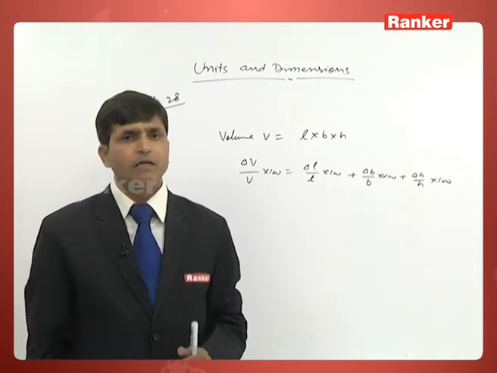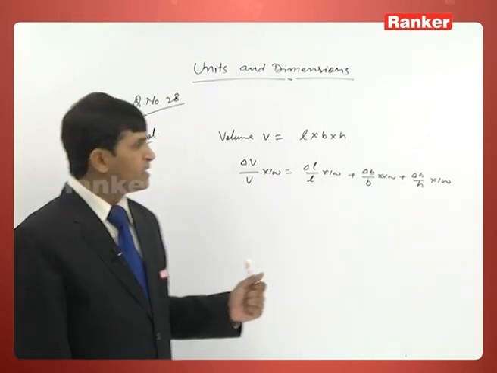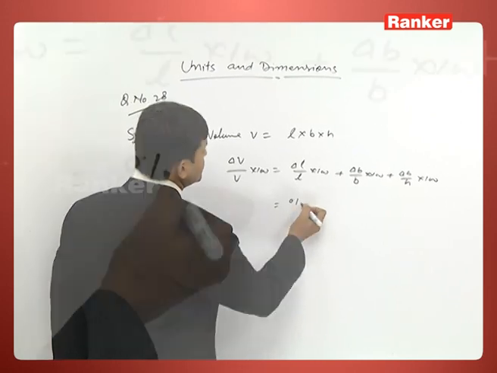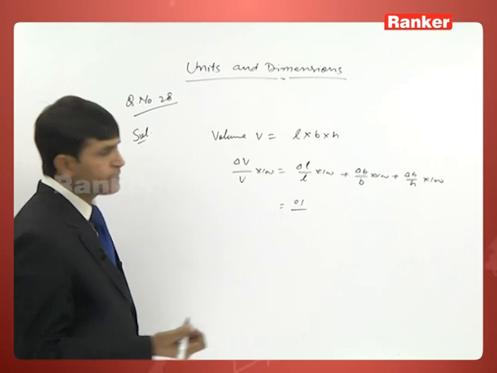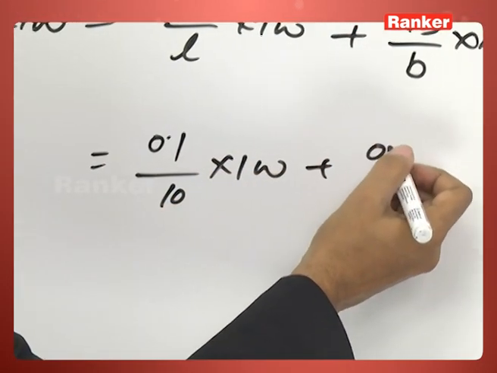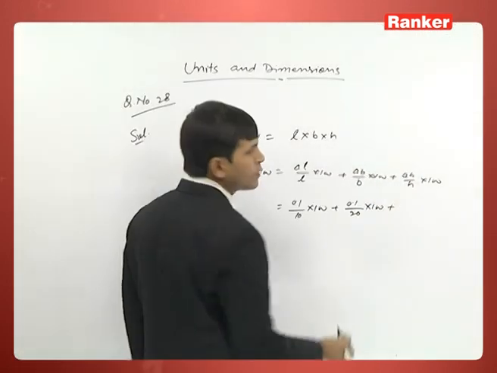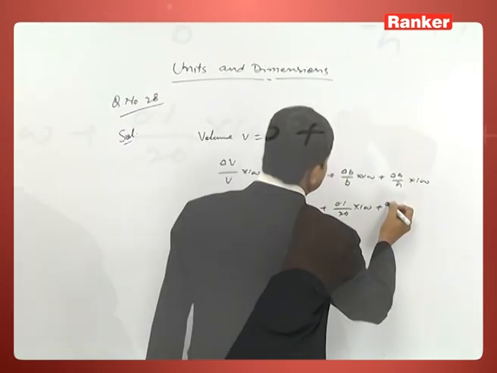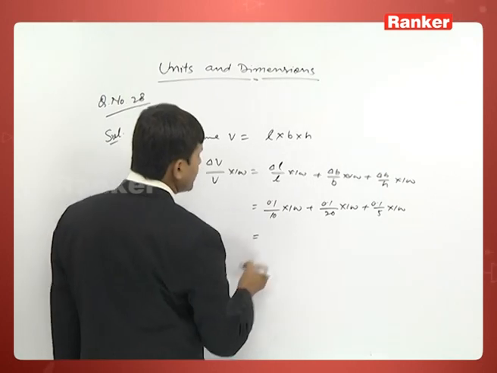It means in any of the measurements, maximum error is 0.1. So 0.1 by length 10 into 100, plus 0.1 by length 20 into 100, plus 0.1 by length 5 into 100. So we can simplify.